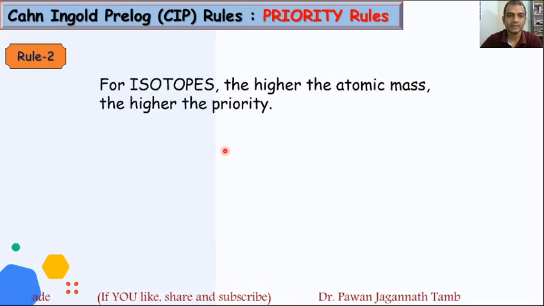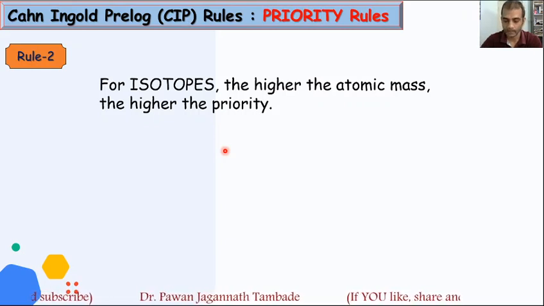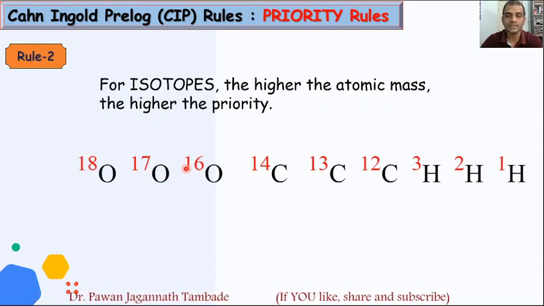Then rule second, if isotopes are attached to the chiral center, then the isotope having higher atomic mass number will be given higher priority. Say for example, if we have some isotopes of oxygen, carbon, hydrogen, nitrogen, phosphorus and so on, then the isotope which has the highest mass number will be given higher priority as compared to the isotope which has lower mass number.